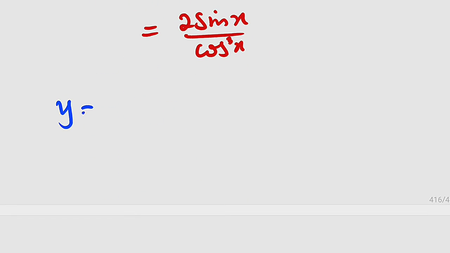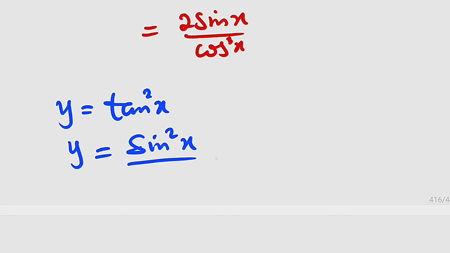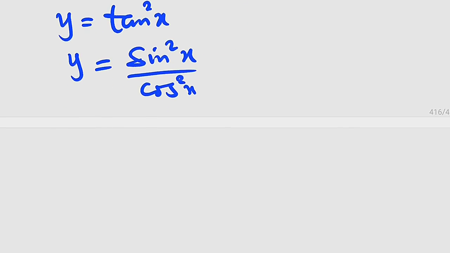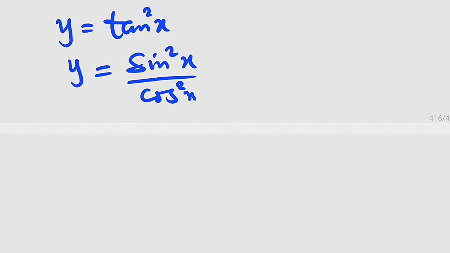So if y is equal to tangent squared x, remember, y can also be written as sine squared x divided by cosine squared x, because tangent is just the ratio of sine by cosine. So we are going to apply the same thing.